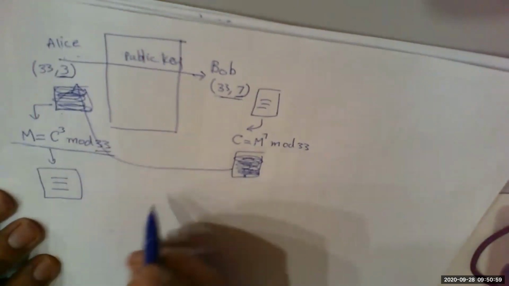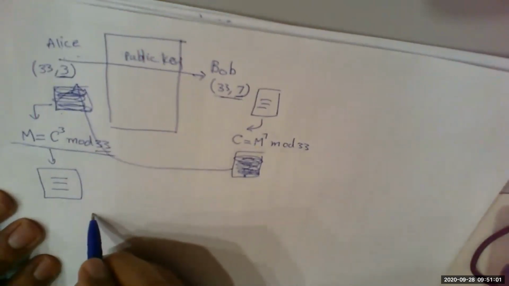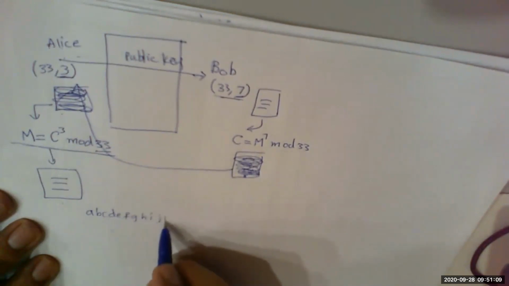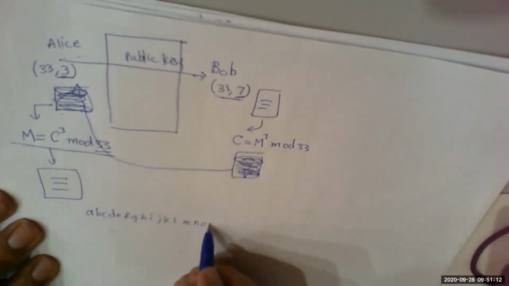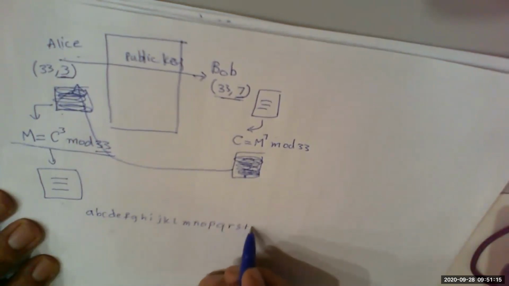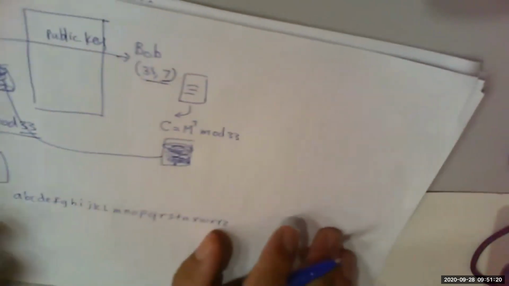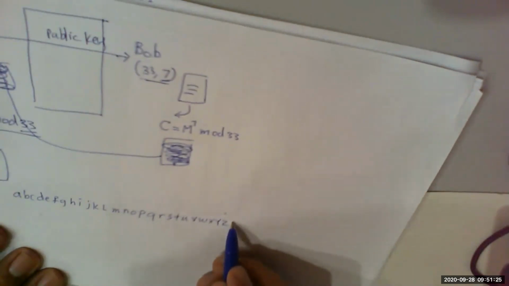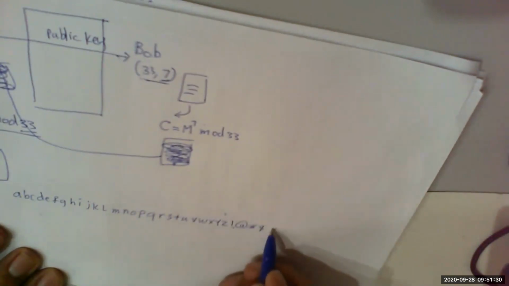And for 33, we need 33 letters. I have supposed A, B, C, D, E, F, G, H, I, J, K, L, M, N, O, P, Q, R, S, T, U, V, W, X, Y, Z. There are 26 letters, so I should add some special letters like at, hash, dollar sign, percentage, and the star.